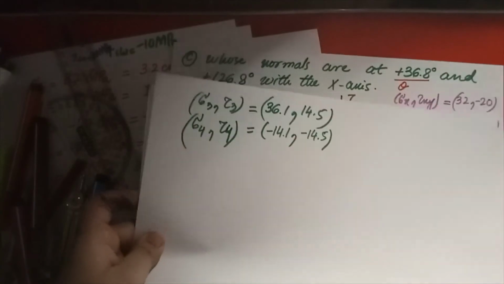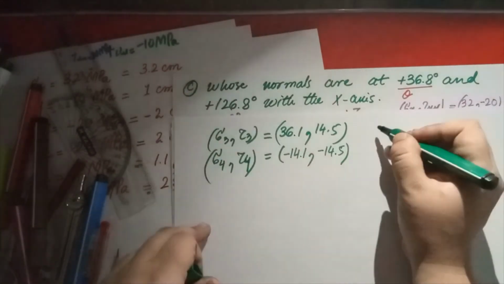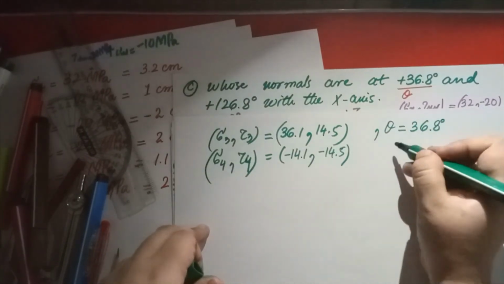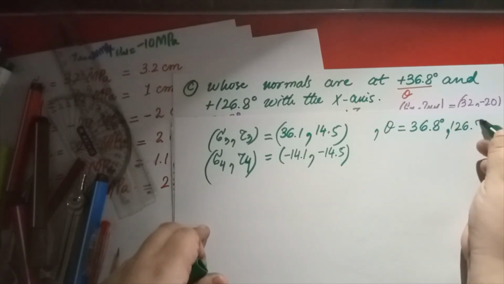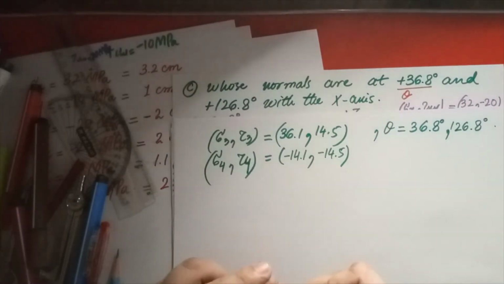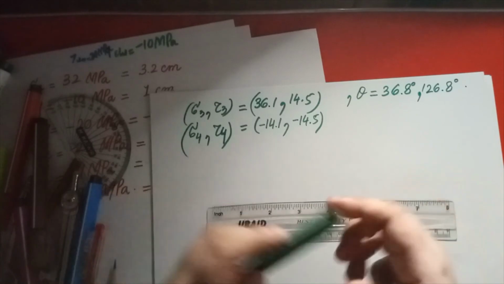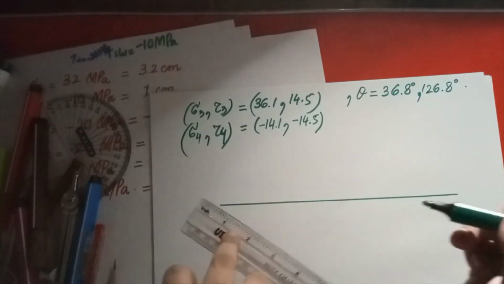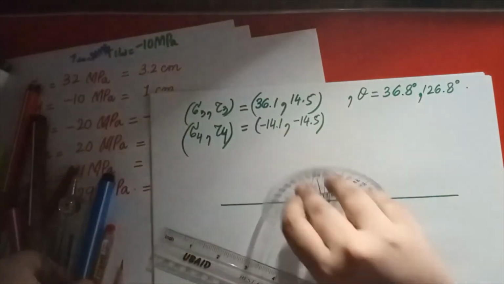Now I put it down. Now I have to take the value of theta. Write it down. Theta is equal to 36.8 degree, and another theta is 126.8 degree. So what I am going to do is make the differential element over here. I got all the values, so let me draw the line. You just have to do a simple sketch and take D here and mark the point.